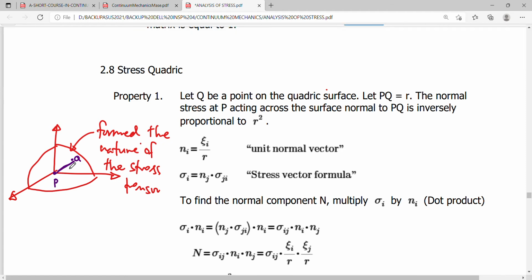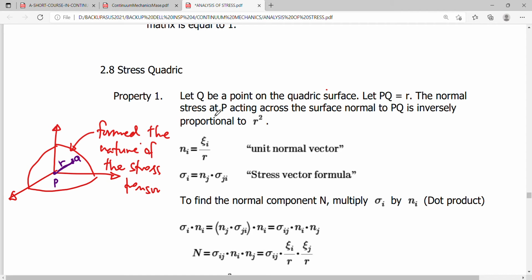So this is simply my radius R upon which my point Q is measured directly from the origin P. And the normal stress at point P acting across the surface normal to PQ is inversely proportional to the square of the radius. So this is your property number one, or theorem number one, that will give you the basis on how to formulate the equation for the quadric surface.